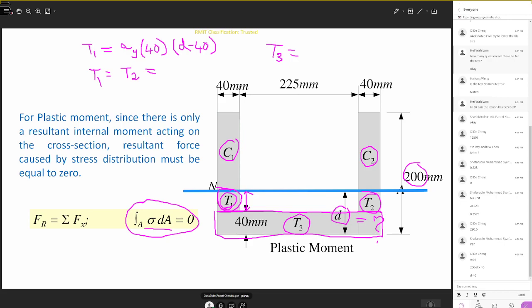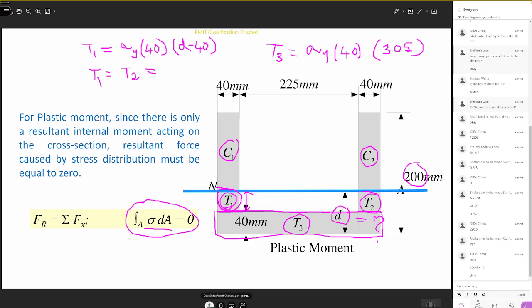I just write sigma Y because we know sigma Y. Then the area of this block will be 40 multiplied by the total width. That is 225 plus 80, so 40 on this side and 40 on this side. So the total is 305 mm. So this will be T3.